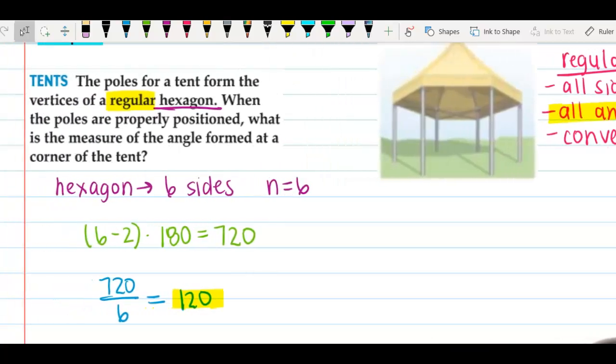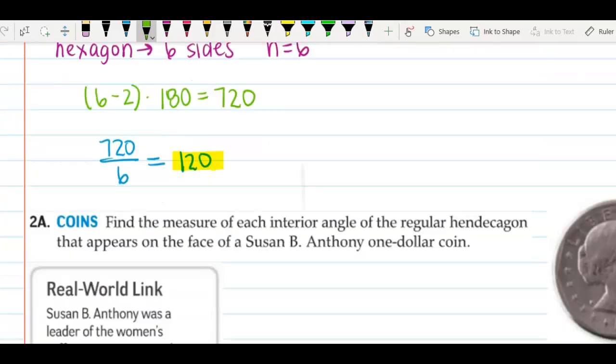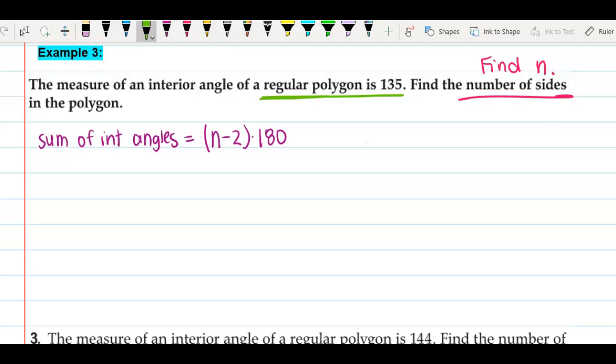So what we did in our little blue equation here is we took the sum of the interior angles and divided it by the number of sides. So I'm going to take the sum of the interior angles and divide it by the number of sides. That's what we did in the last one. And this is actually equal to 135.